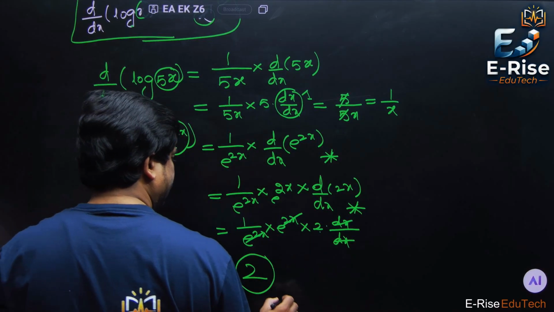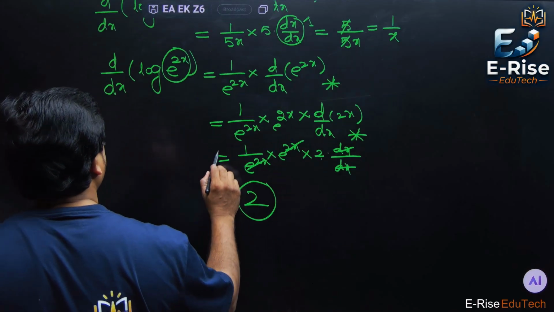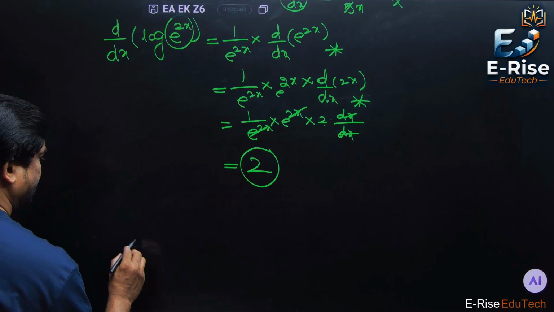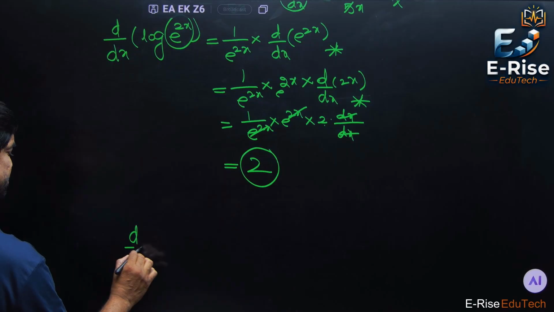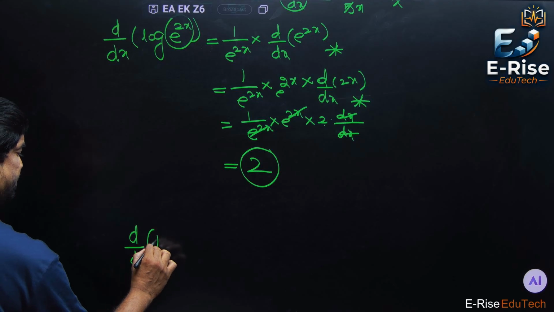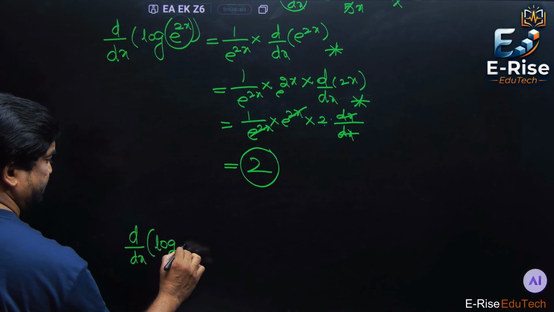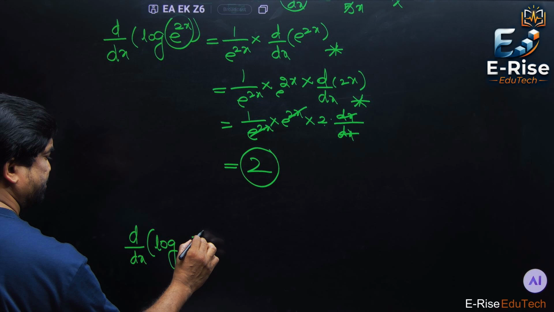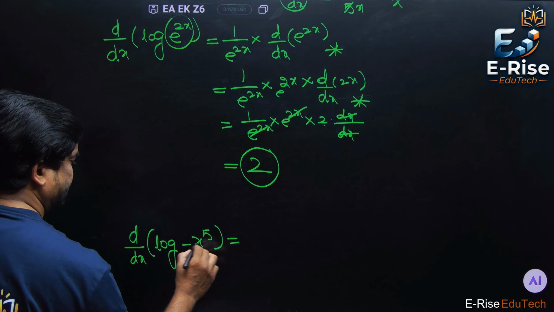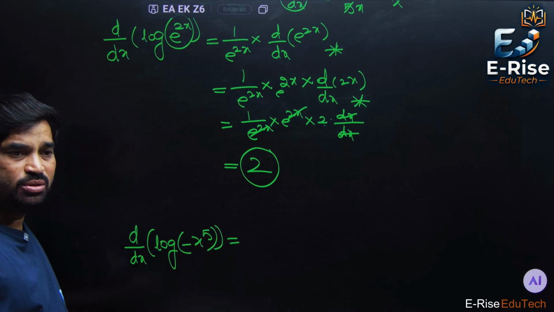Like one more question to apply. d by dx of log of minus x power 5. So how to simplify this one?